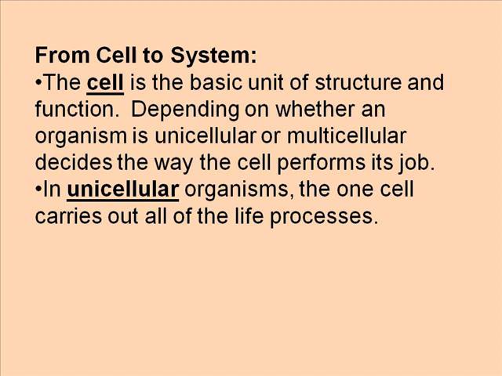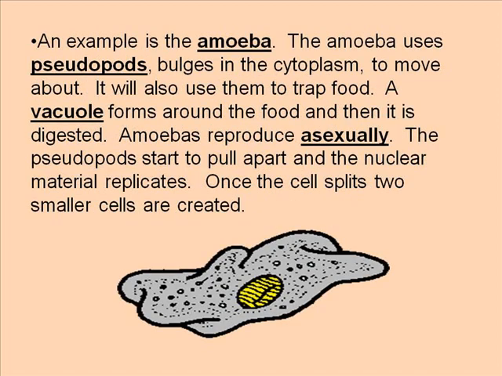So depending on whether the organism is one cell or many cells will determine how the cell has to do its job. A unicellular organism, since it only has one cell, that one cell is responsible for doing all of the life processes. The example below, a hand-drawn picture, is an amoeba.